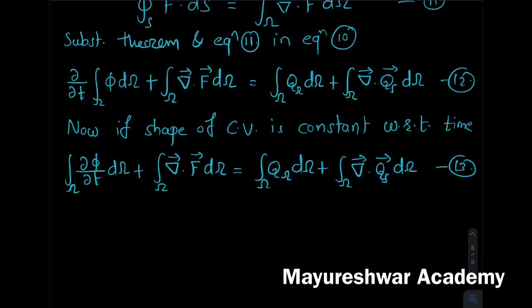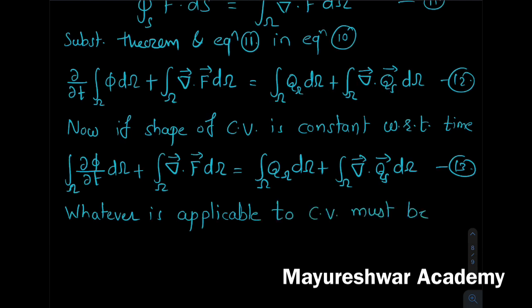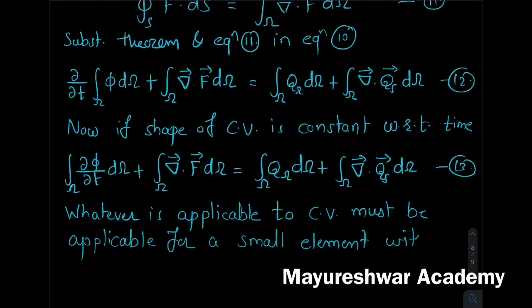Now we can use the concept that whatever is applicable to a control volume or a domain must be applicable to a small element within the domain or control volume.